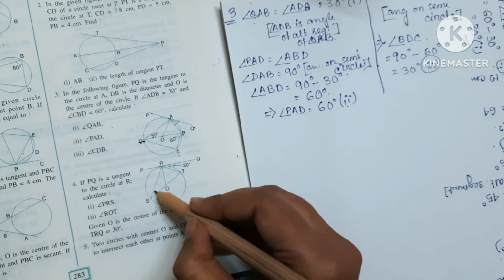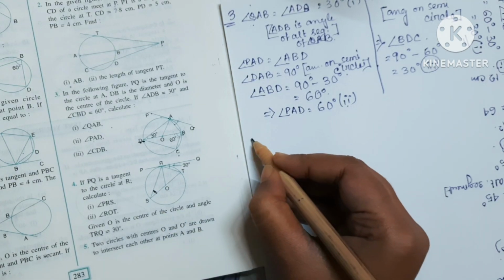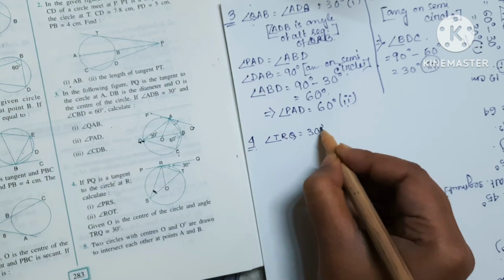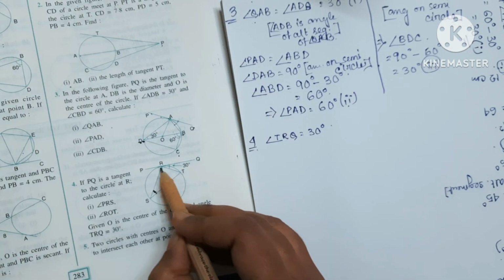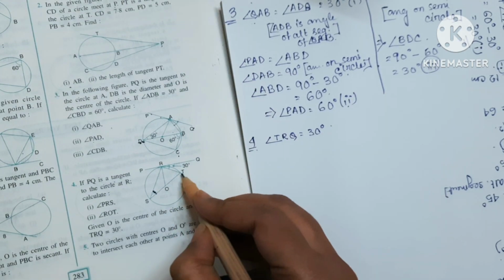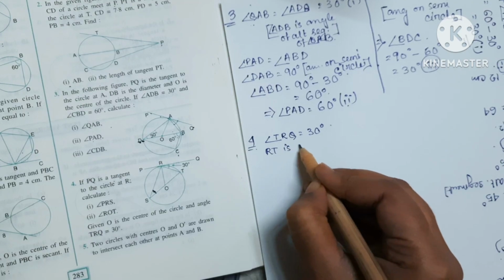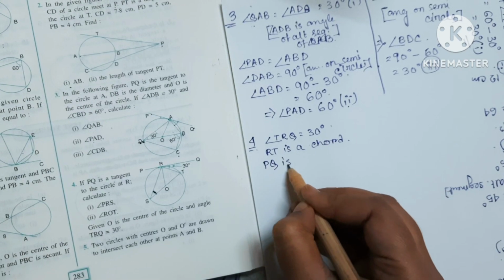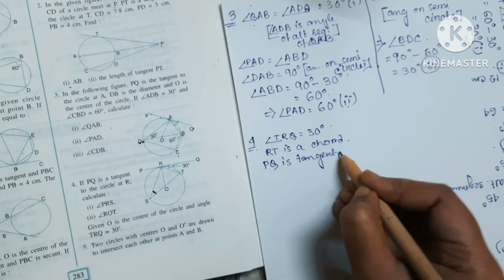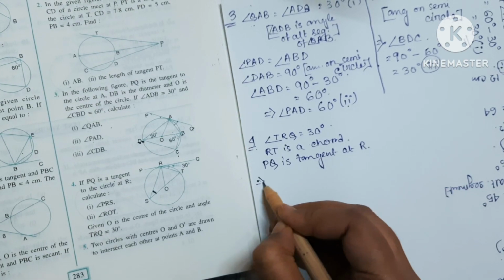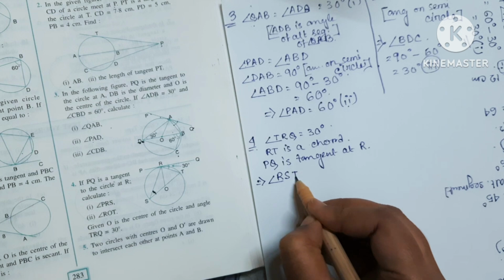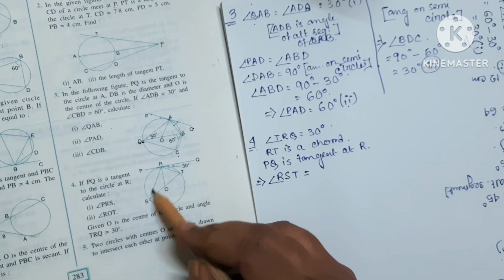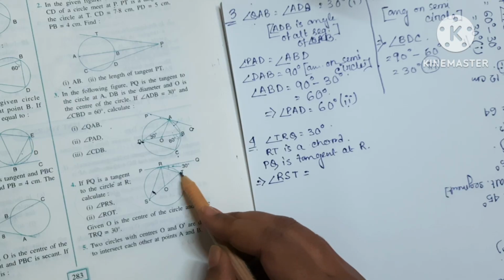PQ is the tangent at R, and RT is a chord. So angle RST is the angle on alternate segment of this TRQ.